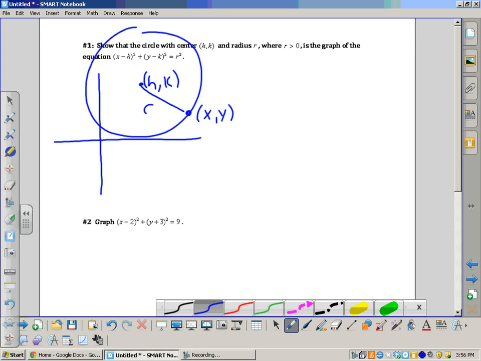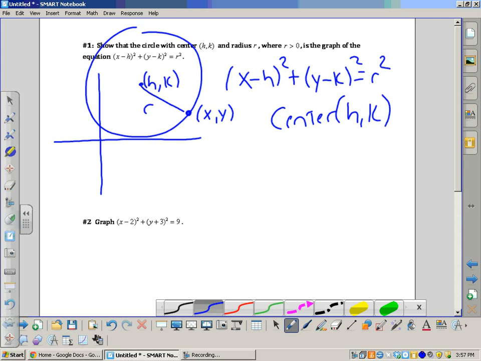So we're going to know for sure that using the distance formula, voila, we're done, right? That's what we were trying to show. That's the formula that we're going to use for a circle. The center is going to be h comma k, and the radius is going to be the square root of whatever the number is right here.